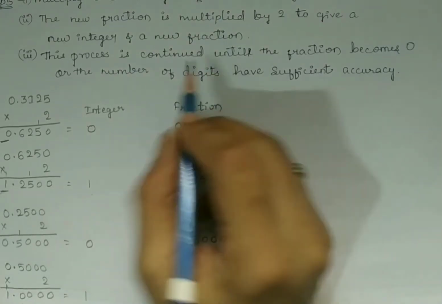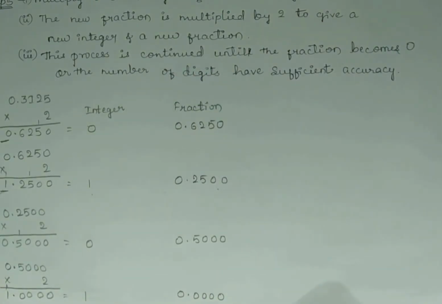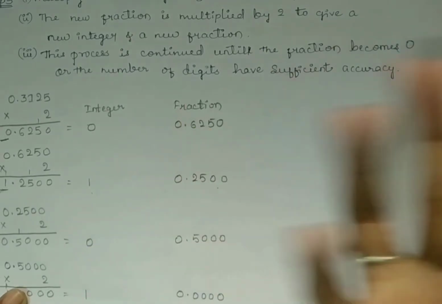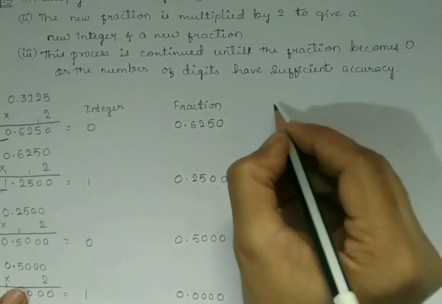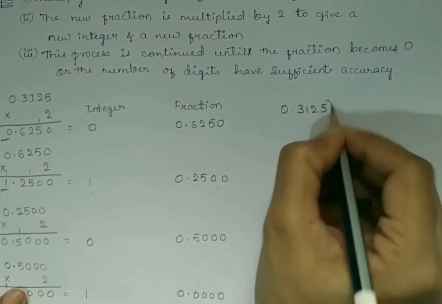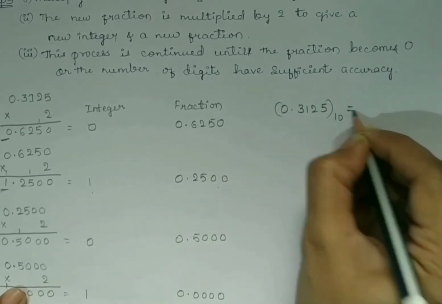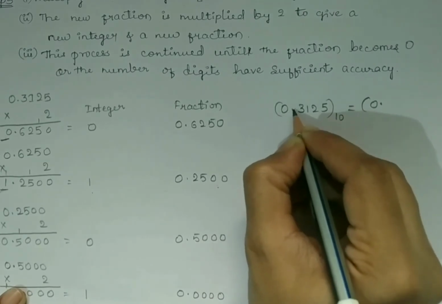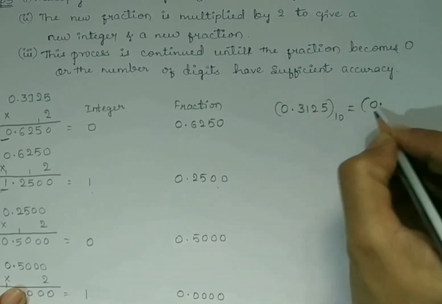So here the process is continued until the fractional value becomes 0. Okay. So now how will you write it? 0.3125 to the base 10 is equivalent to 0. Why? Here the integer value is only 0.